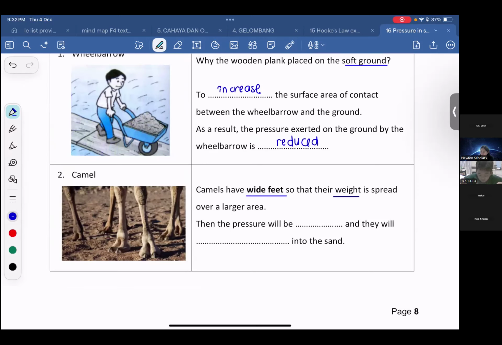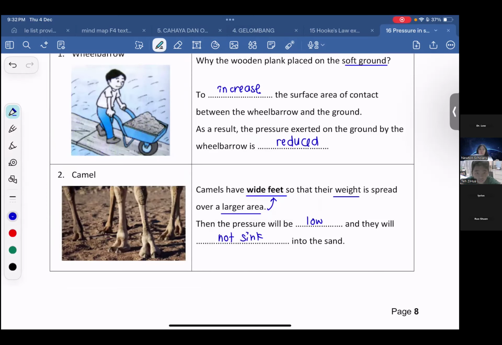They will spread out over a larger area with wide feet. Okay, so the pressure will be low and they will not sink. We don't want the camel to sink into the desert. So they are automatic in order to survive, after what we call evolution. So they have this adaptation.